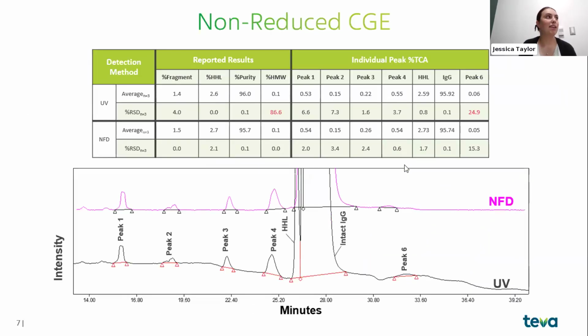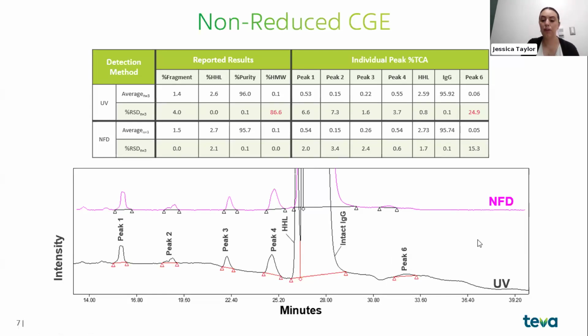Now, if we look at the numeric data for this same sample, you can see in the left side of the table that the reported results for this sample are comparable using both detectors. One of the major advantages for the native fluorescence, particularly in non-reduced samples, is the lack of baseline interference in this high molecular weight region.